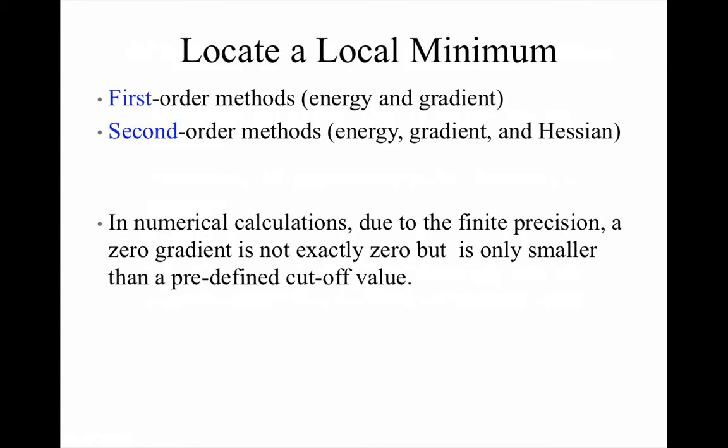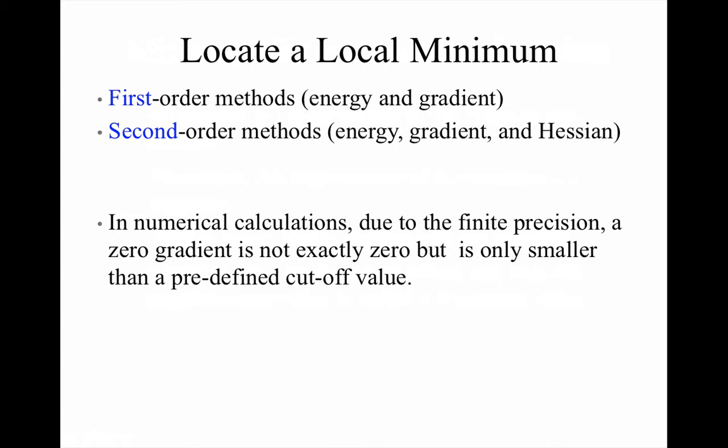So let's see here how we actually locate a local minimum. For this, we can use different kinds of methods, and we can group the methods into so-called first order methods, which make use of the energy and the gradient, and second order methods, which make use of the energy, gradient, and also Hessian.